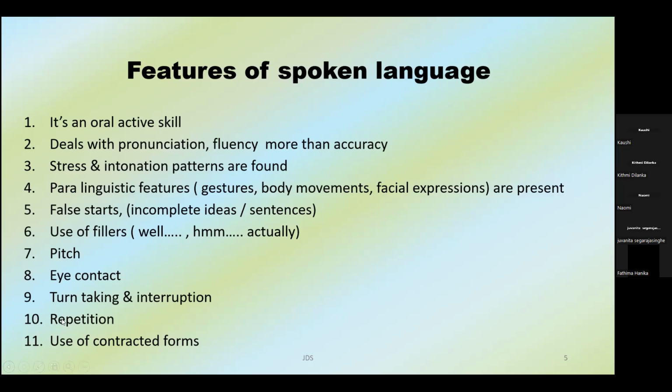Repetition. In the spoken language, you can ask for clarification. There is a tendency for the information to get repeated several times. But when it comes to written form, there can be repetition, but mostly repetition is avoided unless for a specific purpose.